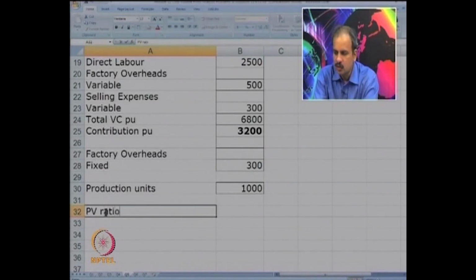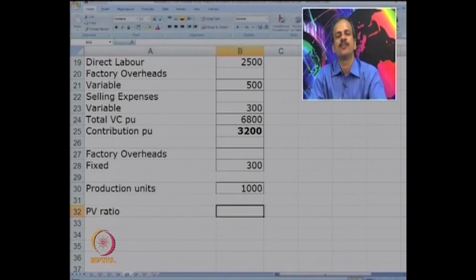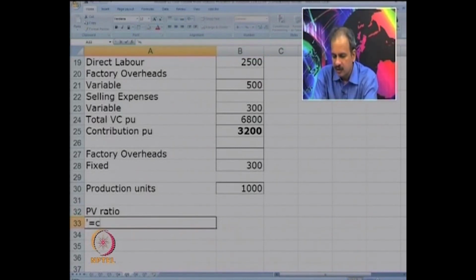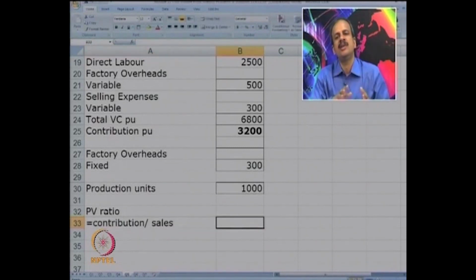Let us first go for calculation of PV ratio. How to calculate PV ratio? What is the formula? Anyone can tell? This is nothing but contribution divided by sales. You can either do it on per unit basis or you can do it on total.